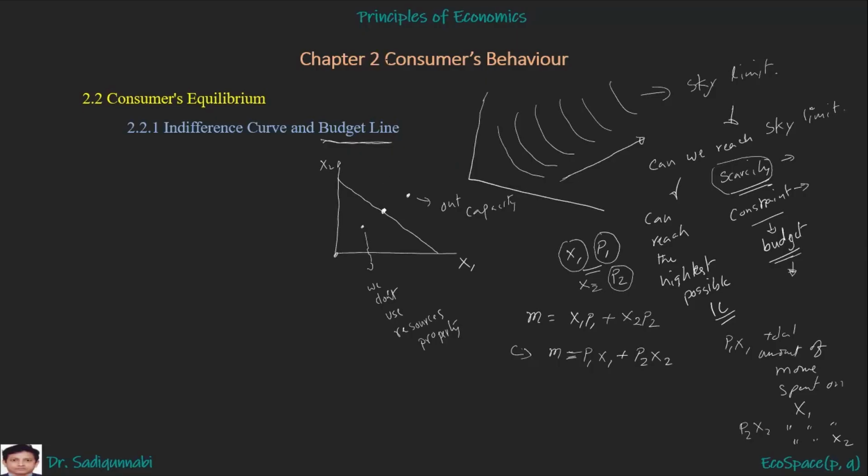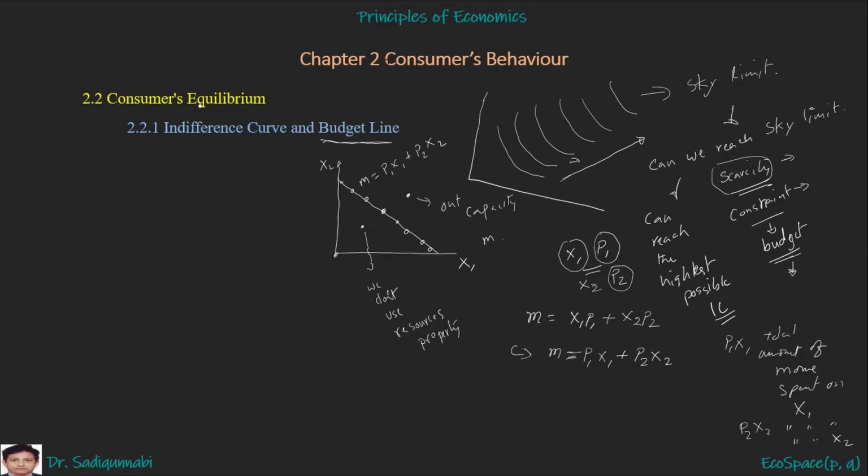On that line, there are many combinations of X1 and X2 you can buy with your budget M. Okay, so this is called the budget line: M equals P1 X1 plus P2 X2. Now we can find the maximum possible utility curve.